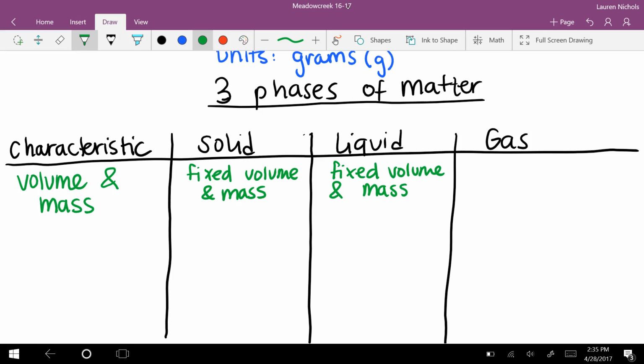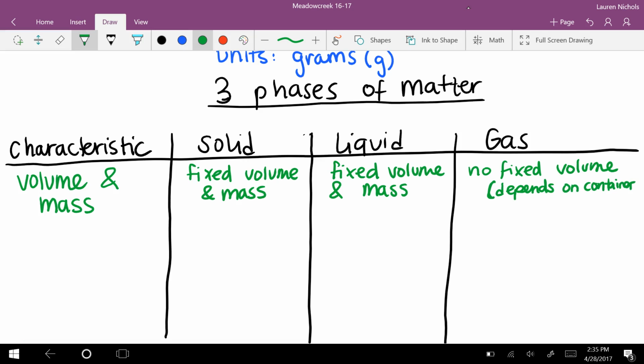Whereas a gas has no fixed volume. The volume of a gas depends on the container.